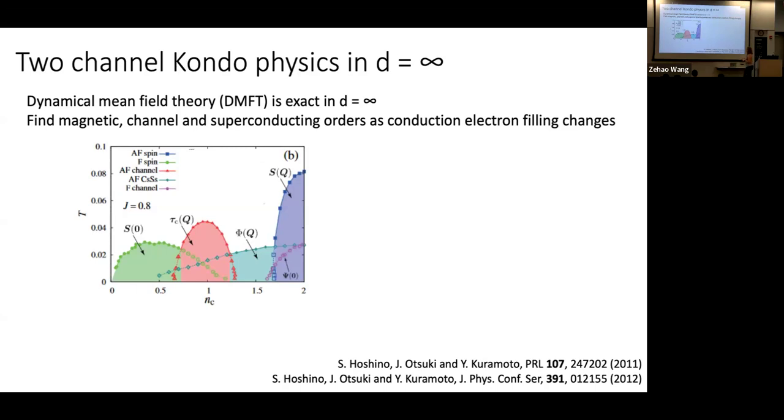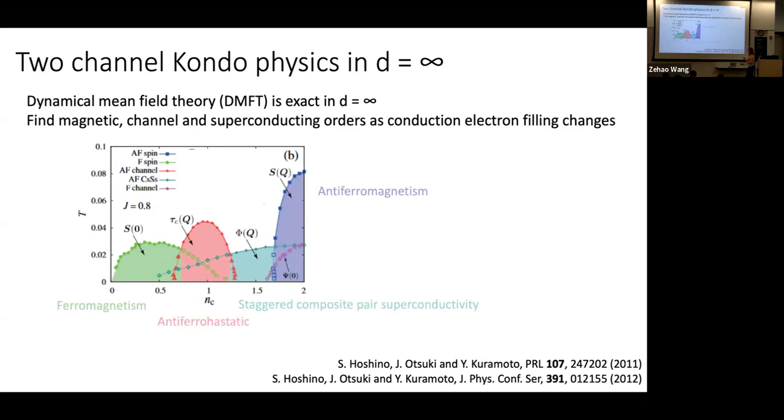And they find, let's see, antiferromagnetism at half filling. So the total filling is 4, because there's 2 channels and 2 spins. So they find antiferromagnetism. They find ferromagnetism at low filling, much like in the single channel Kondo. They find a composite pair superconductivity that's actually staggered between sites in this region here.